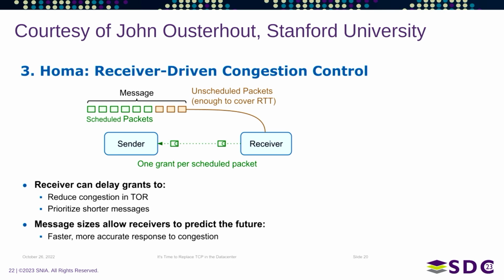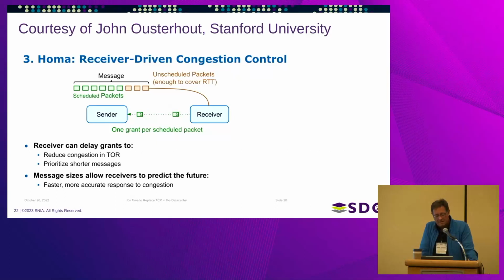In a data center, now we can reduce the congestion in the top of rack switches, okay, and most importantly, we can prioritize for shorter messages, and I have a slide on this one. The other thing is that the message size that the sender initially sends to the recipient allows the receiver to predict what will happen in the future, okay?